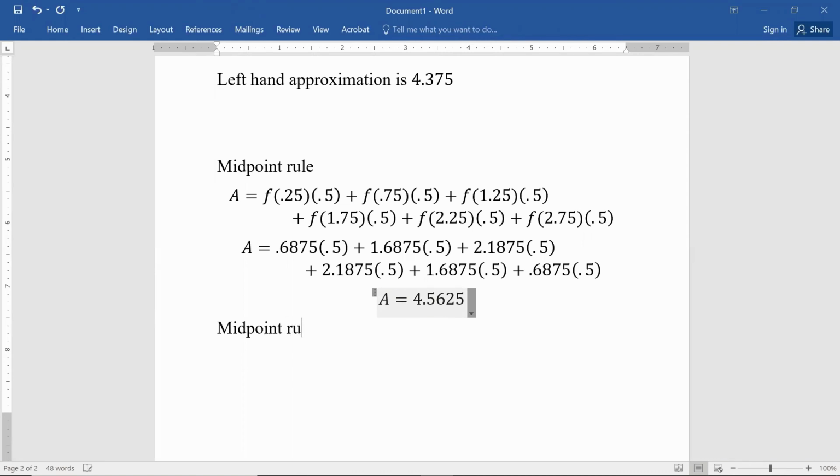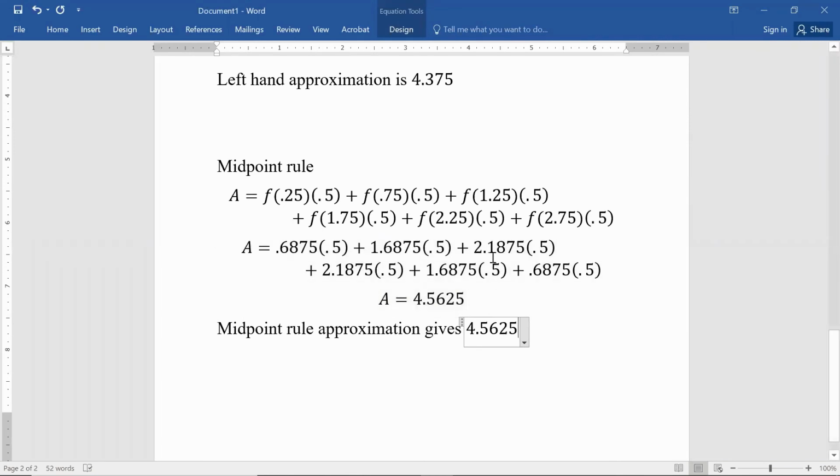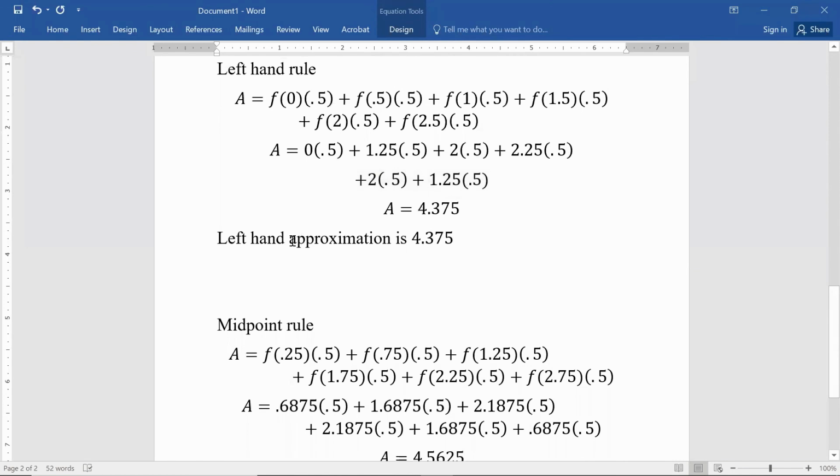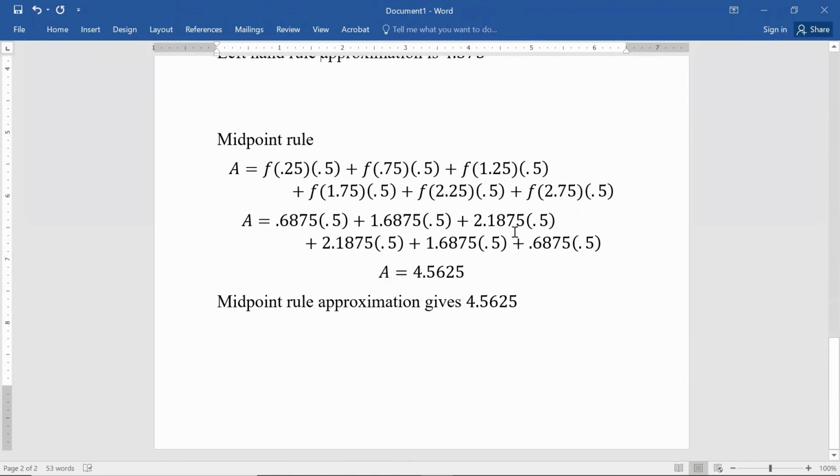Therefore, the midpoint rule approximation gives an approximate area of 4.5625. Notice that we are getting close to the same values in each of our rules. Our left-hand rule approximation and our right-hand rule approximation both gave 4.375. Our midpoint rule approximation gave 4.5625. So they are very close.